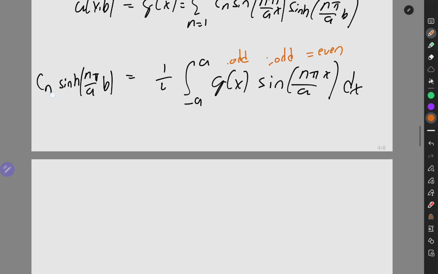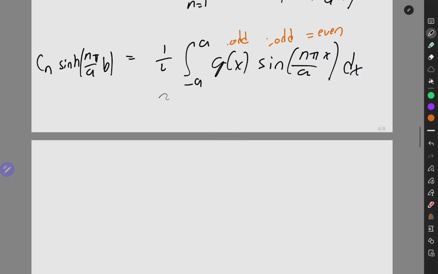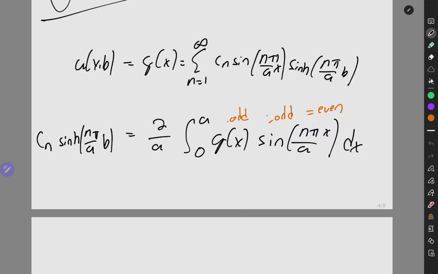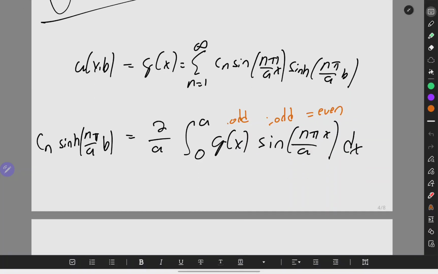So what we can then do is go 2 over the length, which is a, from 0 to a. Well, to be honest, a better explanation would be that we're making an odd extension on g of x.